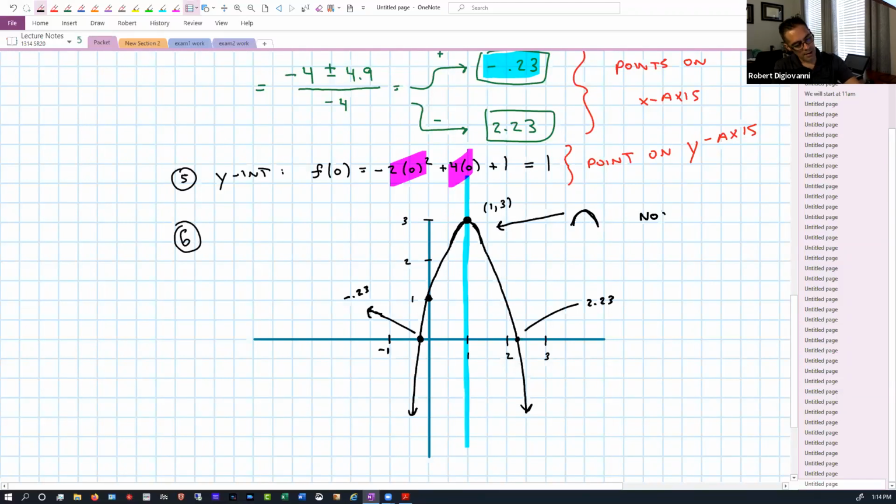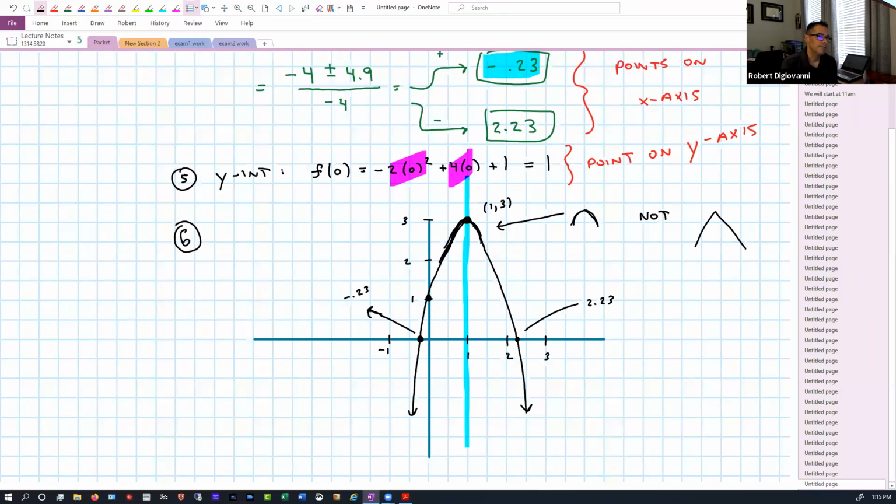It is not a sharp corner, okay? Don't draw a sharp corner in there. Parabolas aren't sharp corners. Parabolas are rounded off. So make sure you're clear that that's rounded up top. And that's it. That picture right there will get you full credit on an exam question.